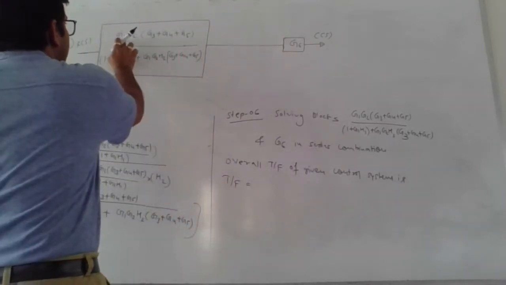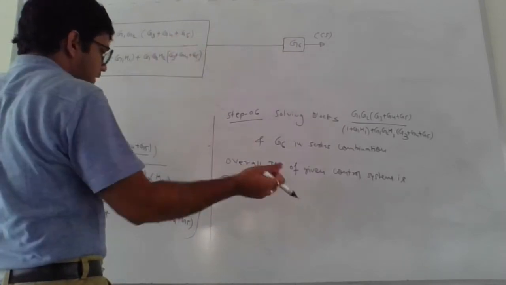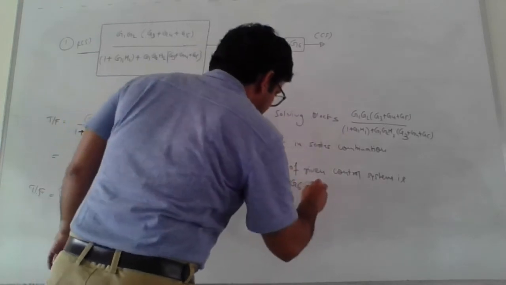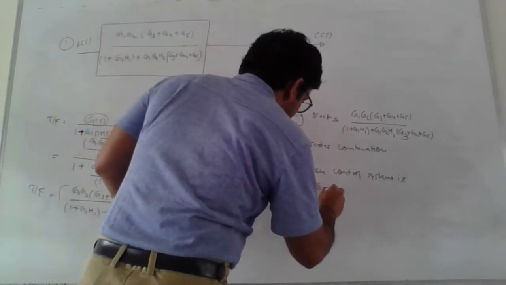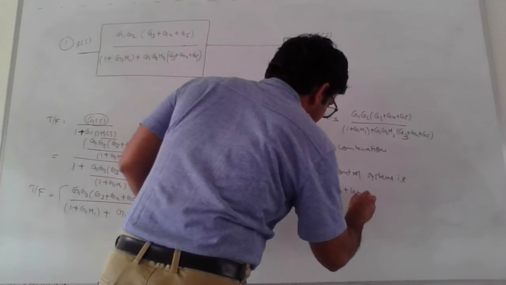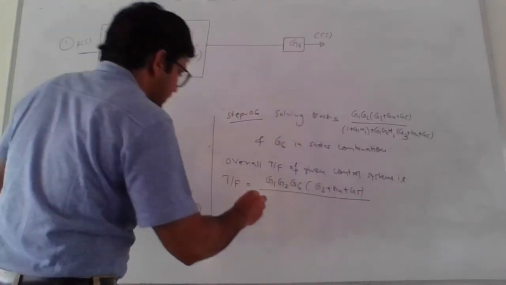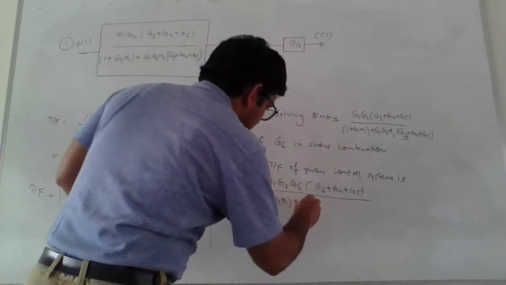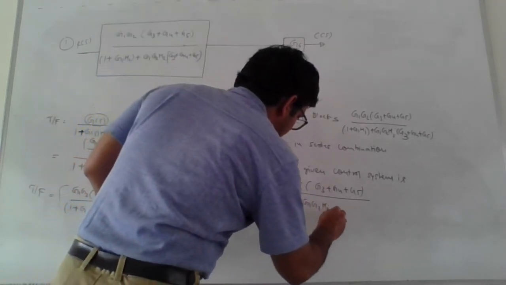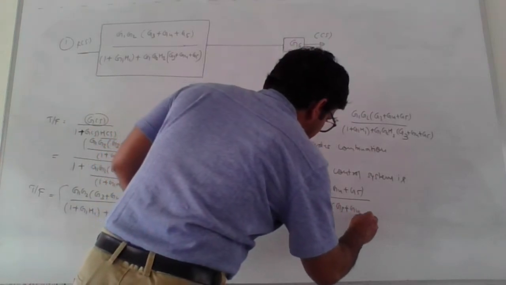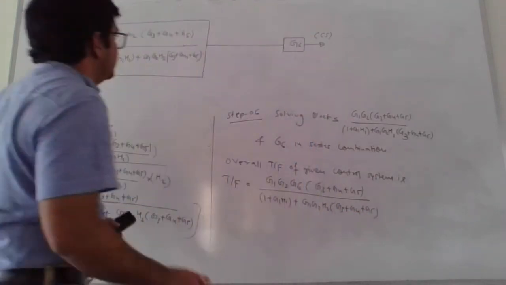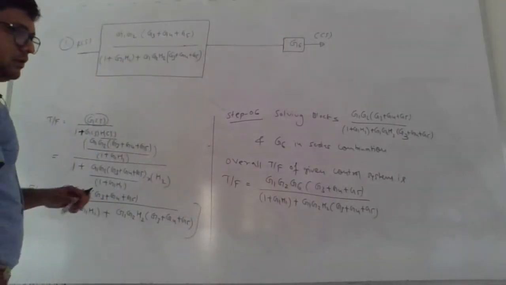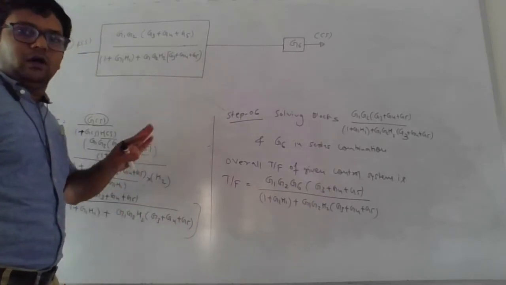So it is simply G1 G2 into G6, rest of the thing is as it is. So it is G1 into G2 into G6 in bracket G3 plus G4 plus G5 whole divided by 1 plus G1 into H1 and then plus G1 G2 into H2 in bracket G3 plus G4 plus G5. So this indicates the final transfer function of our control system whose block diagram is given to us.